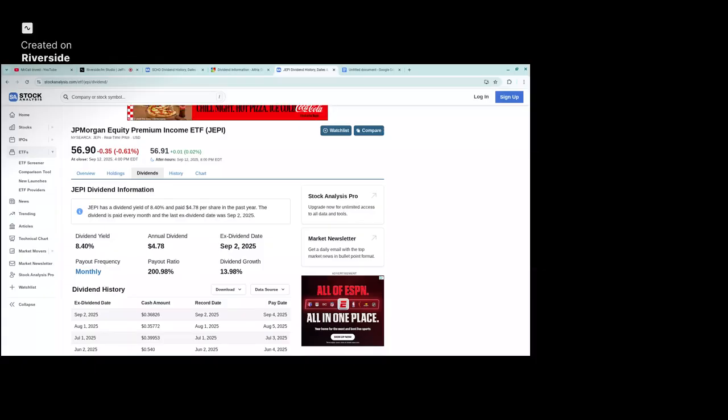I took 24,000 and divided it by $4.78, and came up with 5,020 shares. The amount of money you would need to own 5,020 shares is $285,690. So we're talking about roughly $286,000, and you could replace a $2,000 mortgage every month.